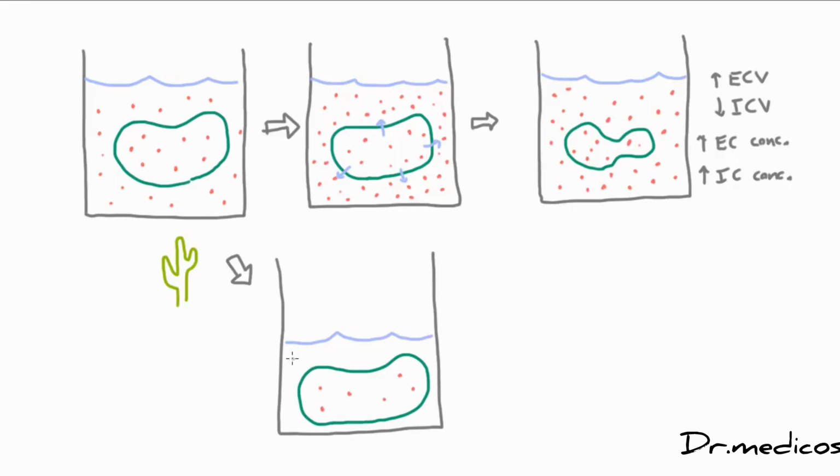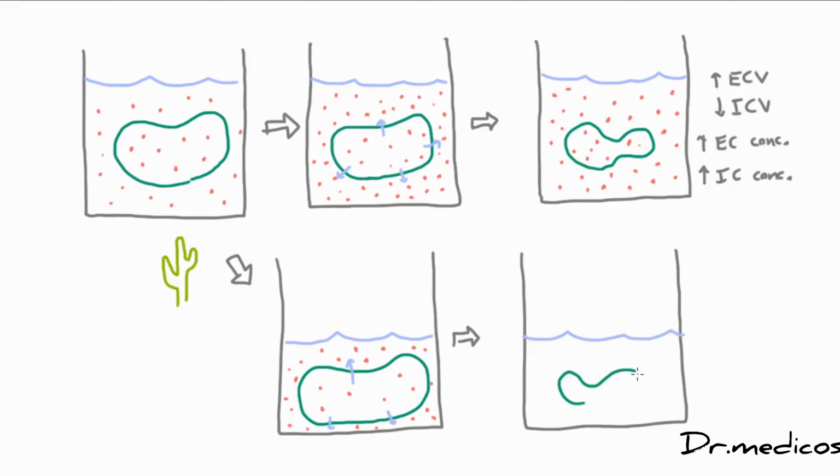And so as a result, we see that the concentration of solutes outside the cell has gone up quite a bit. So because of that, osmotic pressure is going to pull water out of the cell, and we will go to an equilibrium that looks more like this.